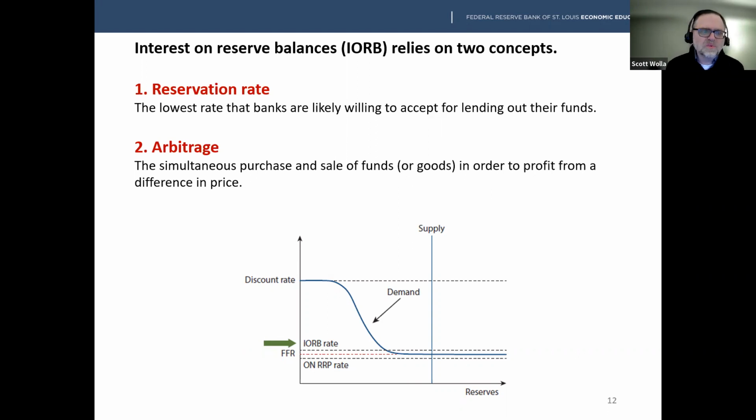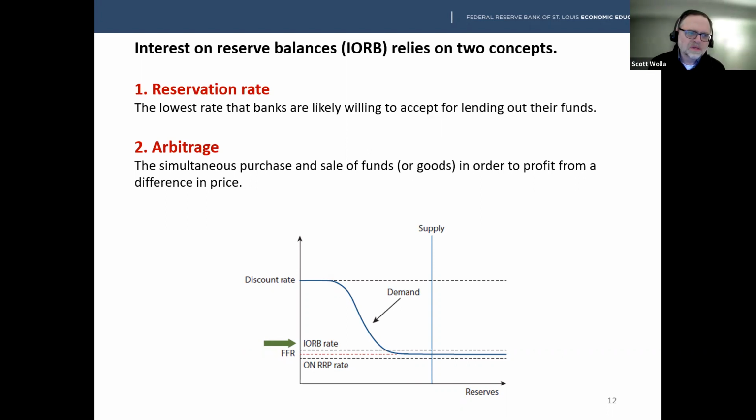And so you would never accept less than you can get from the Fed because why would you, right? So that becomes your baseline. That becomes your reservation rate. Of course, you're going to want to get more for your funds if you can get it elsewhere, but you'll never take less than the interest on reserve balances rate. So it serves as, again, a reservation rate.